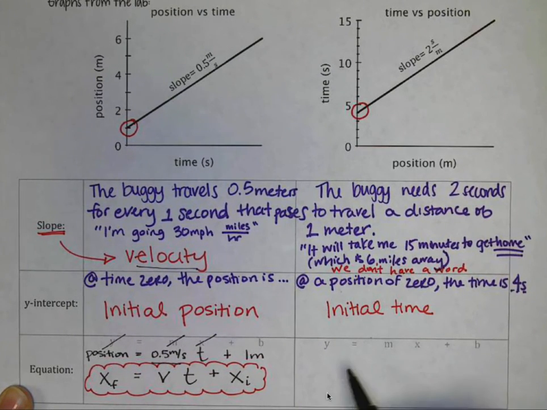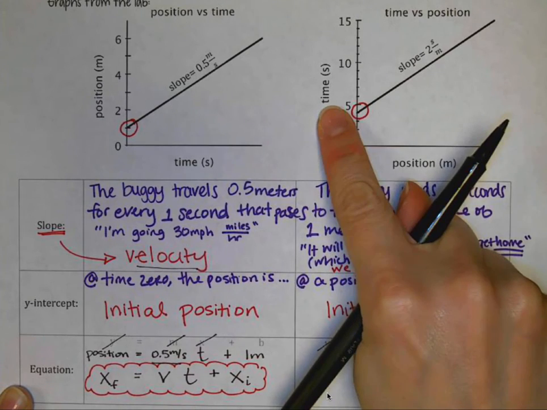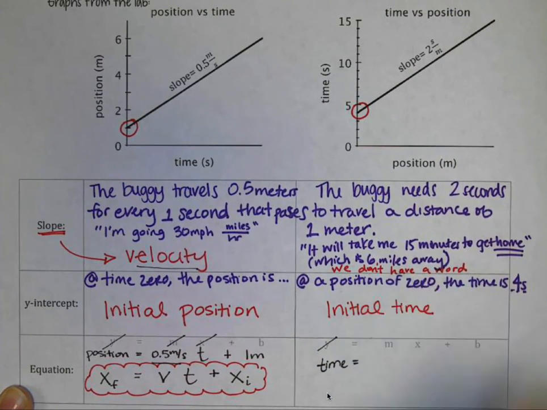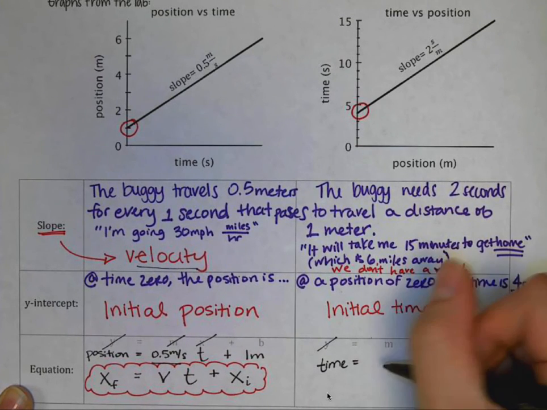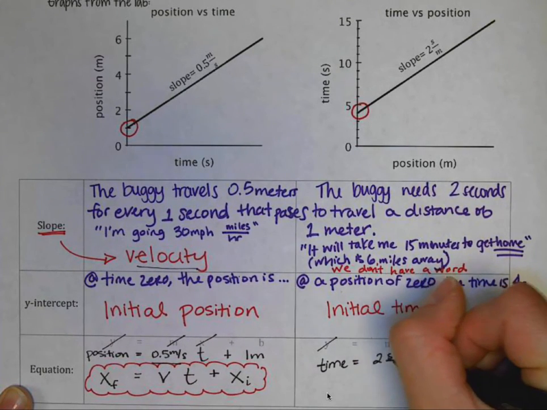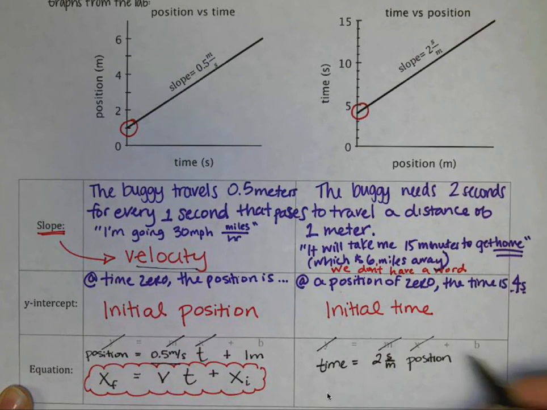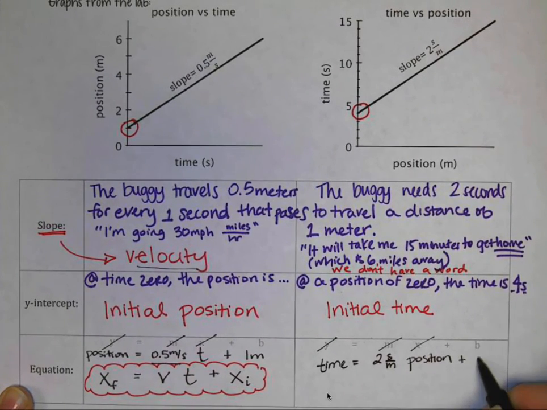We would have, instead of y, it's now time on our y-axis. And instead of our slope, we now had 2 seconds for every meter. Instead of x, we have position. So, yay, that gets to be x again when we write it out. And then plus our intercept, which was 4 seconds.